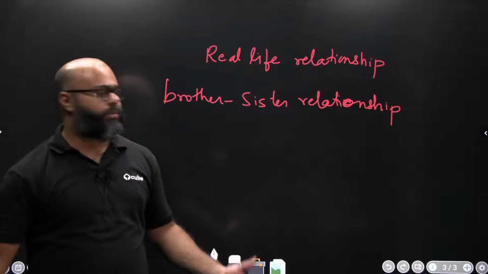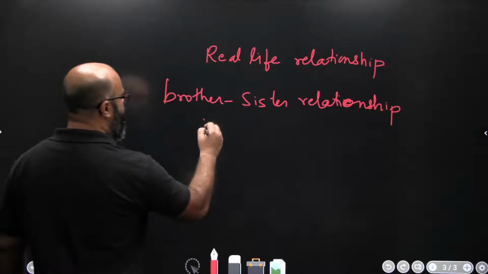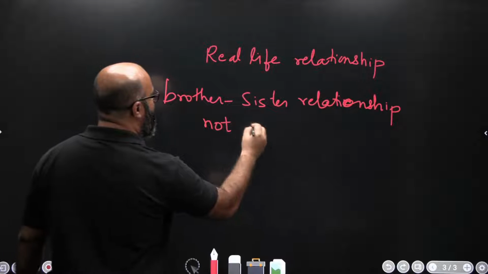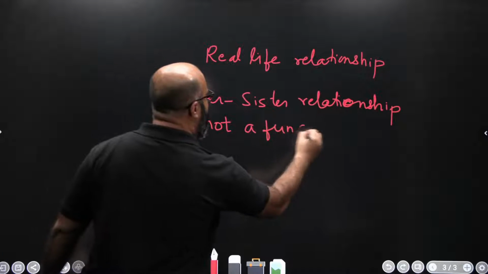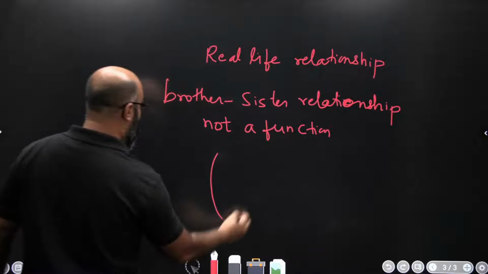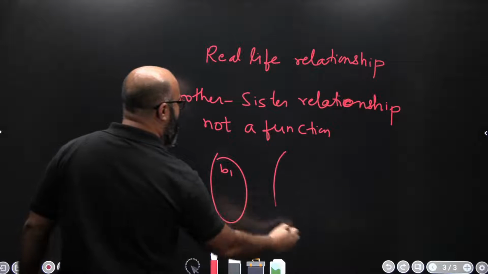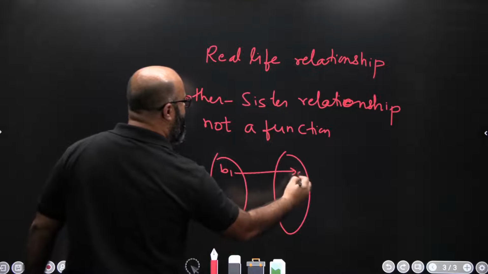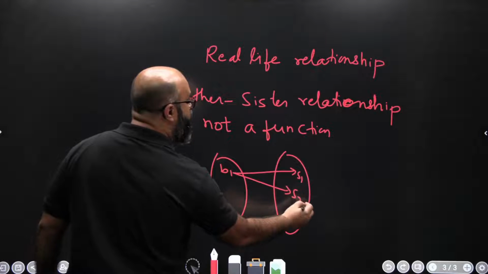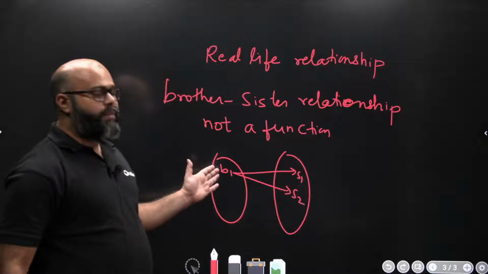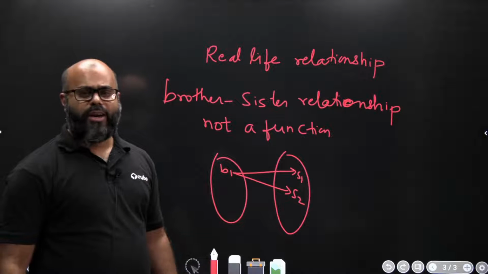Both the things are possible. So brother sister relationship is not a function, because it may be possible that there is a brother and there are two sisters of this brother. So the concept that each element has a unique image will get violated.